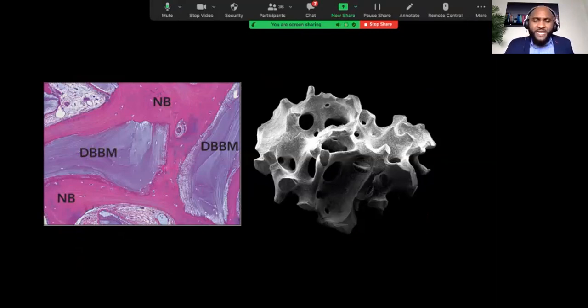So they are mainly indicated for situations where you want to regenerate over a long duration of time, huge grafted sites. If you have a huge defect, that will be. And you can see the many porosities to improve the new bone cells that grow in, and therefore you get a huge regenerated outcome.